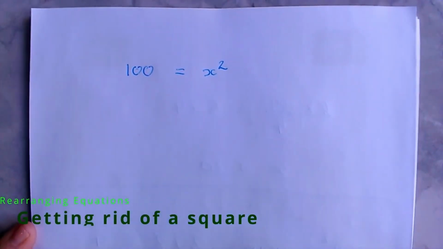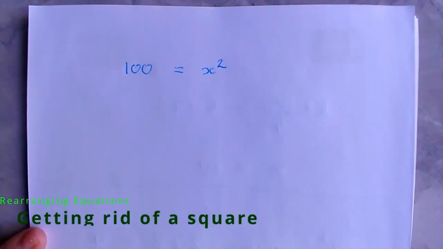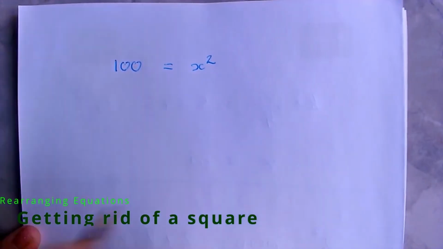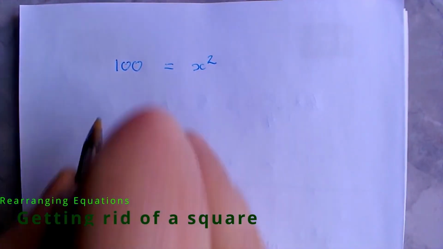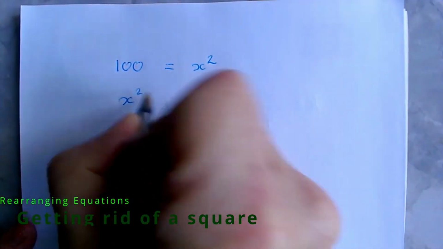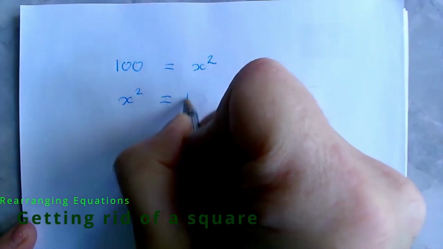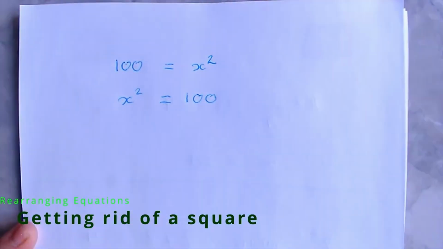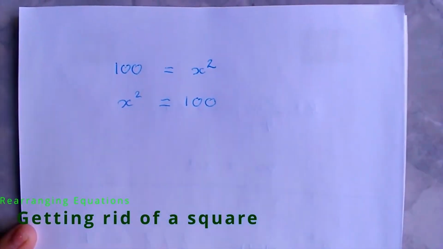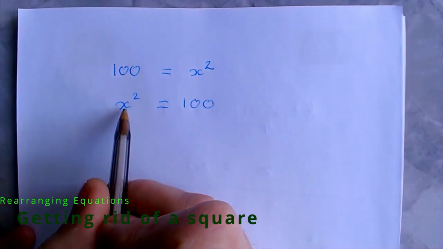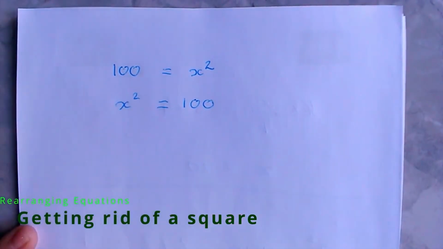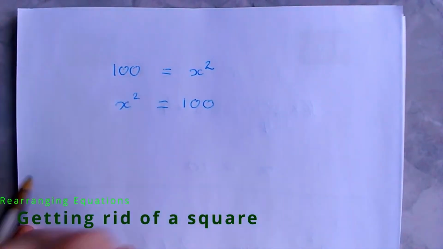So here we have an expression 100 equals x squared. I want to know what x is equal to. So the first thing I'm going to do is swap the two sides. So now I've got the x on the left-hand side of the equation. Now remember we said that the opposite of squares is square root.